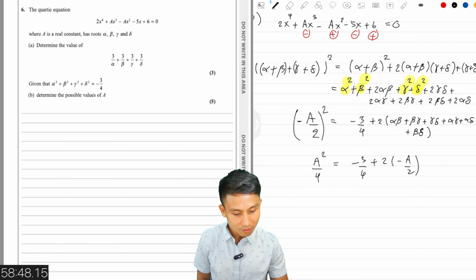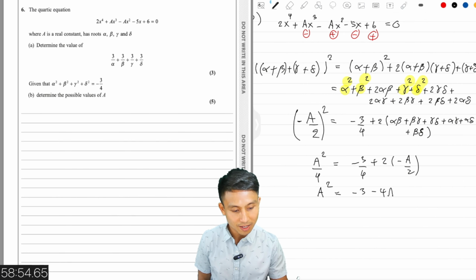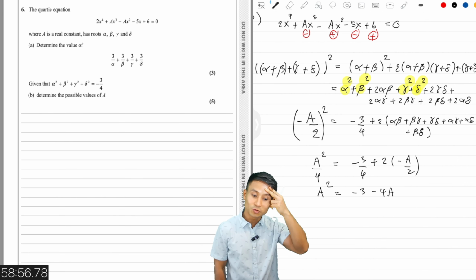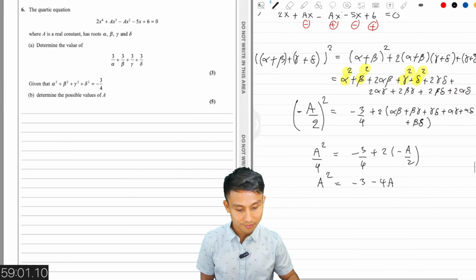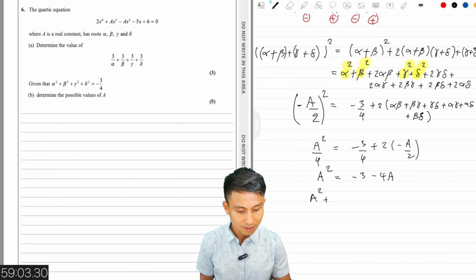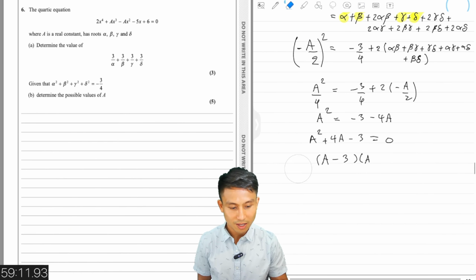So if we multiply out by 4, we get a squared equals minus 4 plus, minus actually, 4a. Is that right? 2 cancel 2, and then I multiply out by 4. Yep. So a squared plus 4a minus 3 equals 0. So a minus 3 and a... hang on.